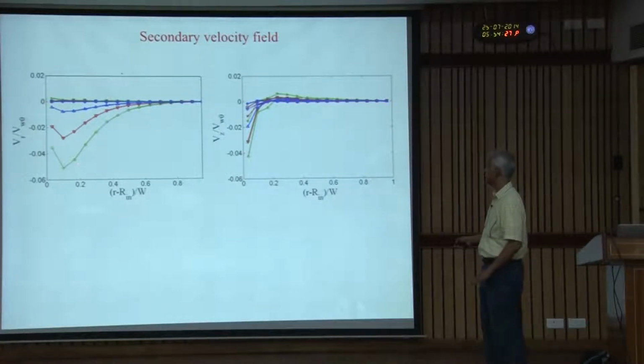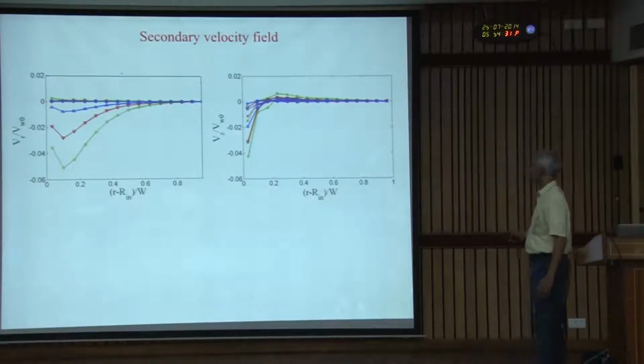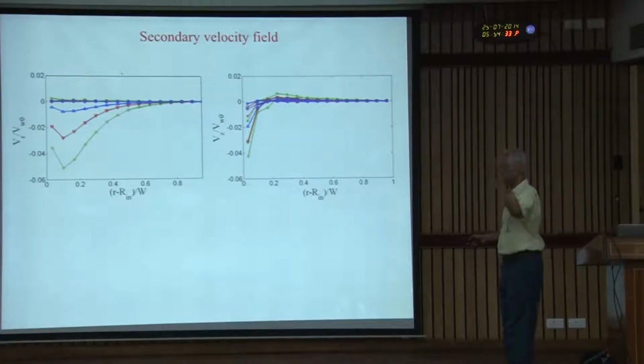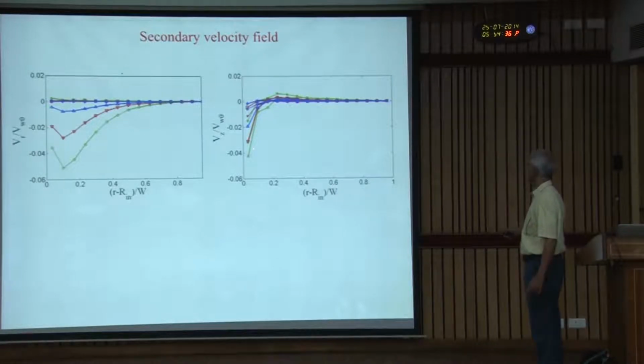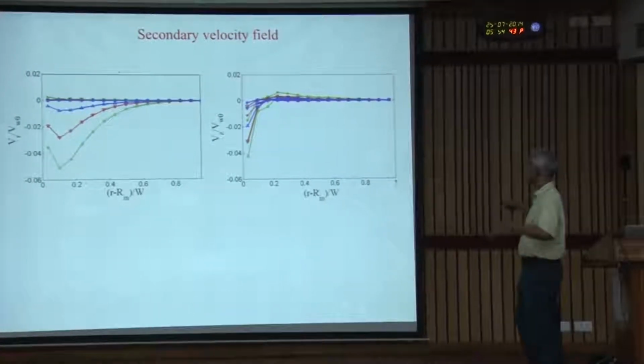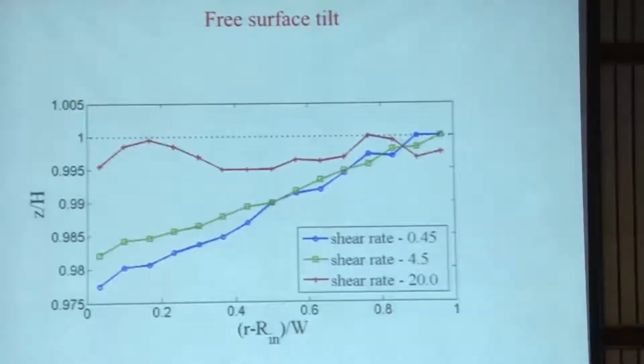This is the free surface, and you're going deeper into the bed. The other red and blue lines are for different shear rates. So here again, the azimuthal velocity is a maximum downwards near the free surface, and as you go down, it decreases. Now, there's another little feature though.